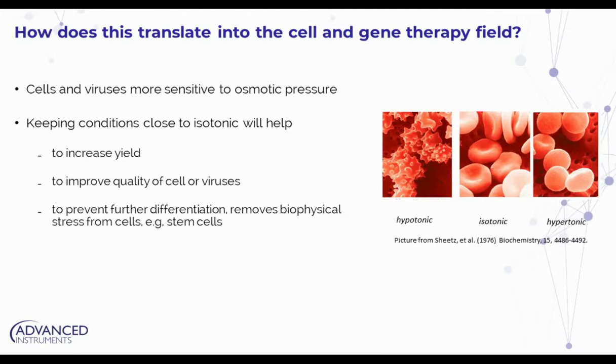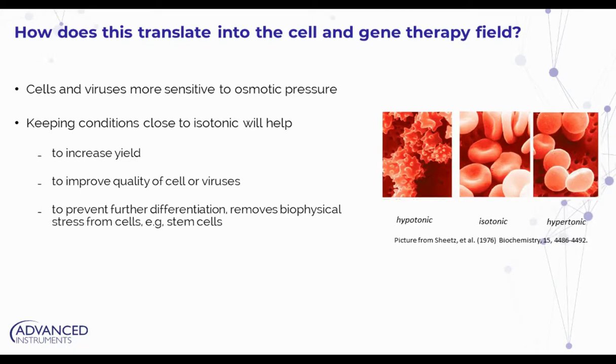So, therefore, it is really important in this field to keep our bioprocessing solutions, also during downstream processing, in isotonic conditions so the cells stay happy. That means when we prepare loading buffers, wash buffers, elution buffers, it's really important to check our osmolality, because this will increase yield and improve the quality of cells or viruses.